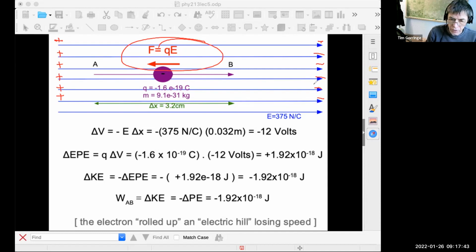In the proton problem, that proton was kind of rolling down a potential hill. In this electron problem, you can think of the electron as kind of rolling up the potential hill. The proton acquired kinetic energy, the electron's losing kinetic energy. The proton released electrical potential energy. The electron is increasing the stored electrical potential energy.